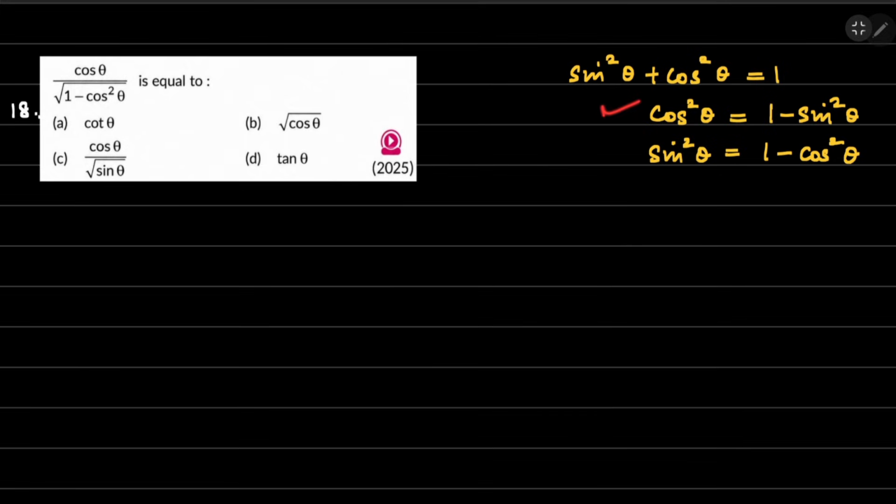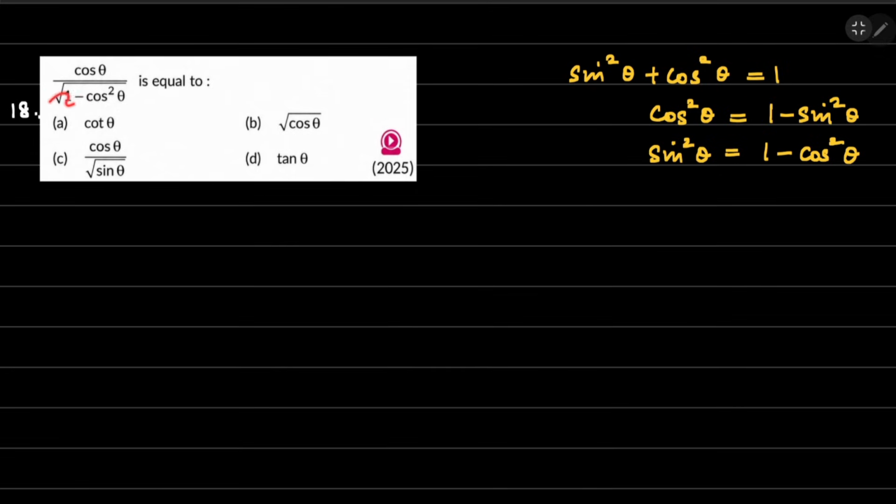If you take the square root on both sides, you will get cos theta is equal to root of 1 minus sine square theta. Here in the second one, if you take the square root, you will get sine theta is equal to root of 1 minus cos square theta. So you can easily express sine in terms of cos or cos in terms of sine, but the base identity is this.